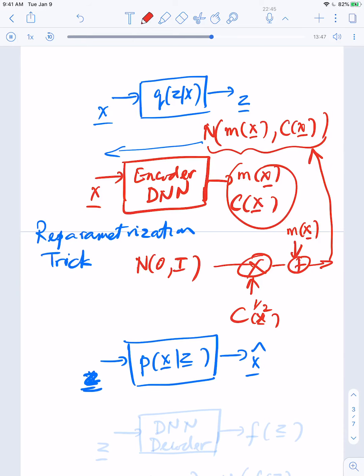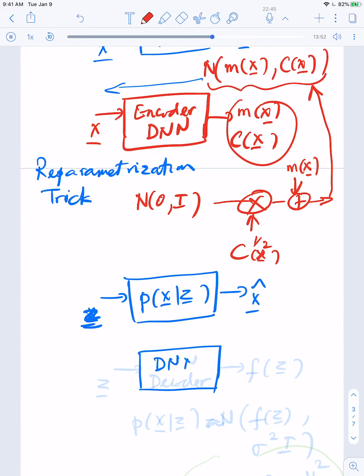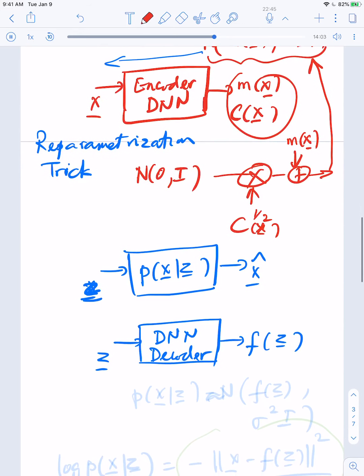I want to actually do it, of course, using a deterministic DNN that takes a Z and produces some function of Z. So for the decoder DNN, I will assume that P of X given Z is just a Gaussian with mean f of z and white covariance.